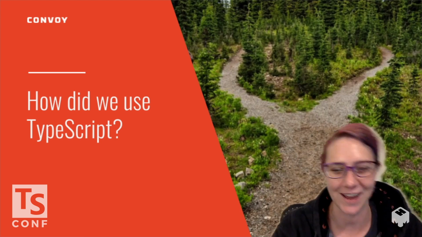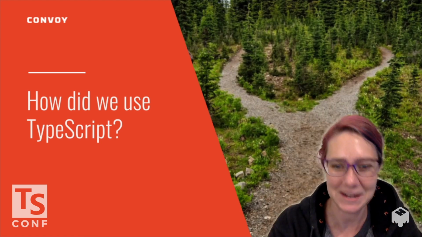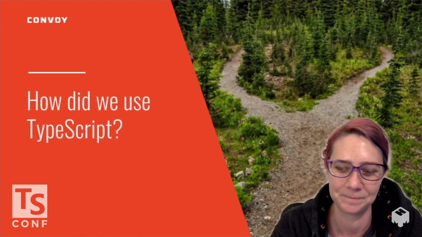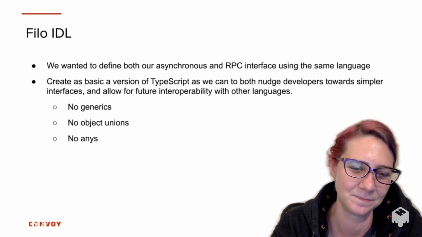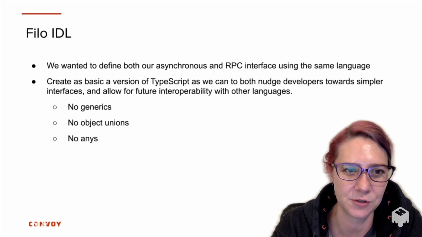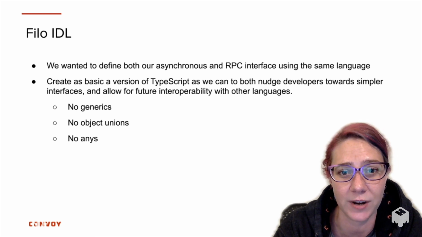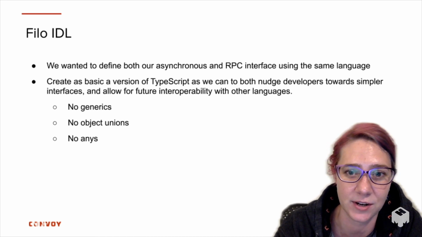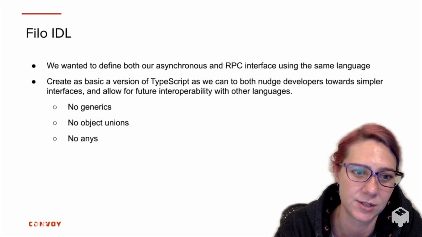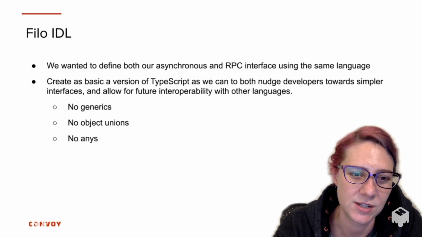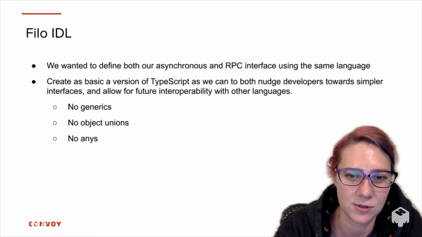All right, so now to the good stuff. How did we use TypeScript? So first off, we decided to create an IDL called Filo IDL. We wanted to be able to define both our asynchronous events and RPC interface using the same language. Then we also wanted to use a basic version of TypeScript.